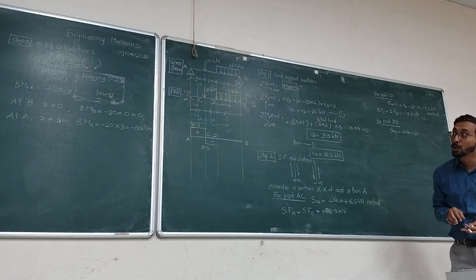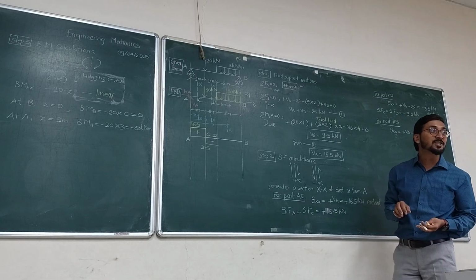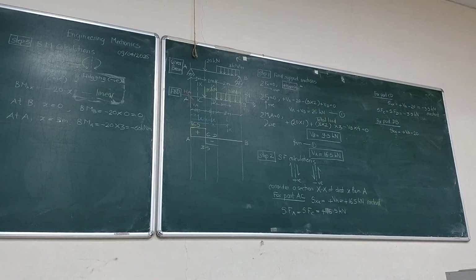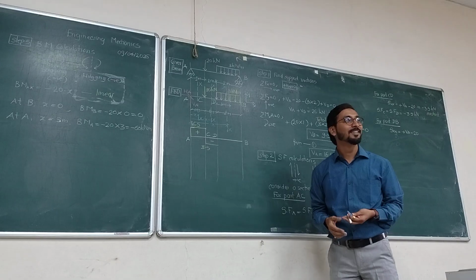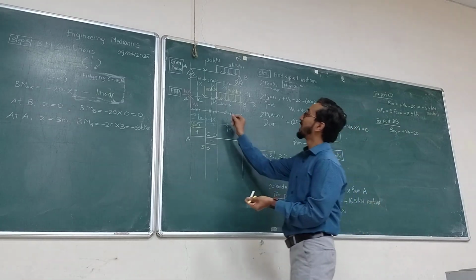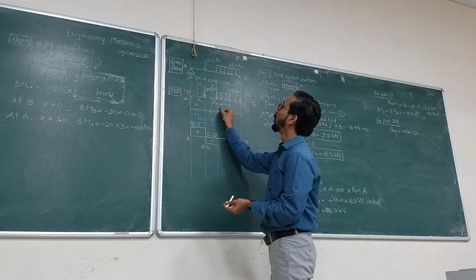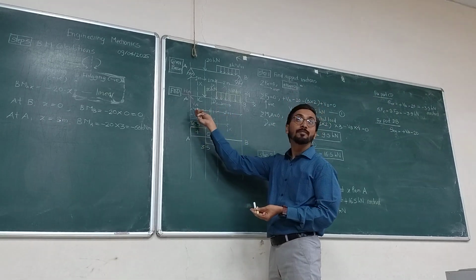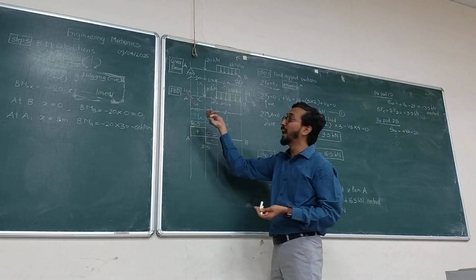Minus 3 into x minus 2. Very good. This is the distance over which the UDL is acting. Do you understand this? What is the total x?